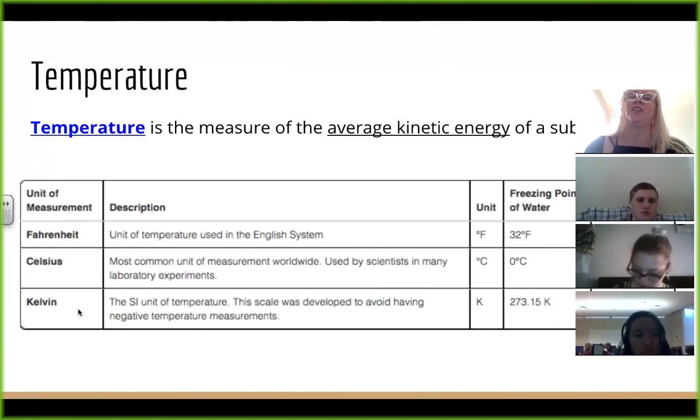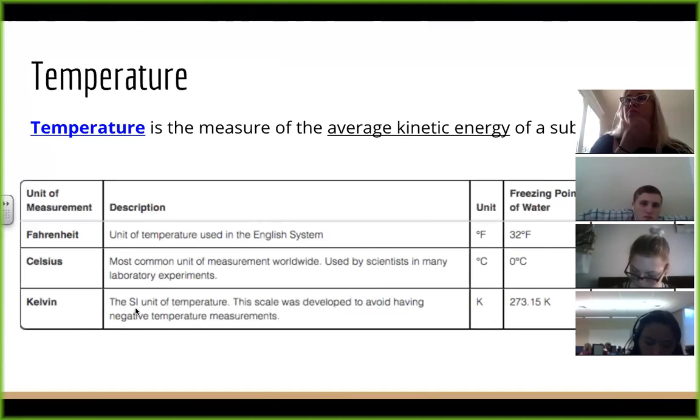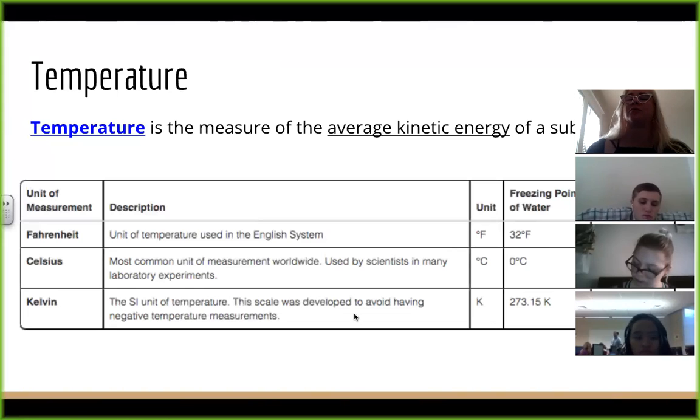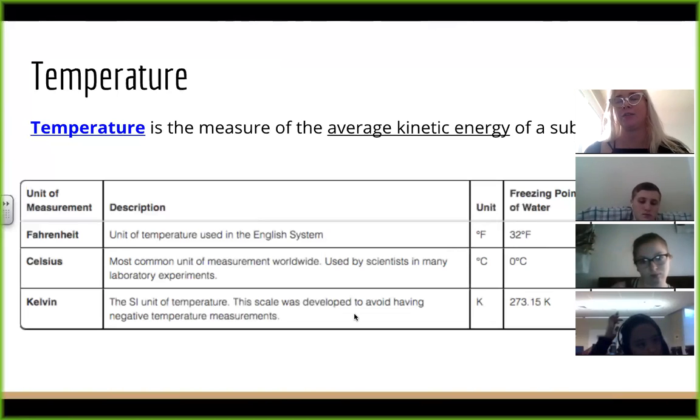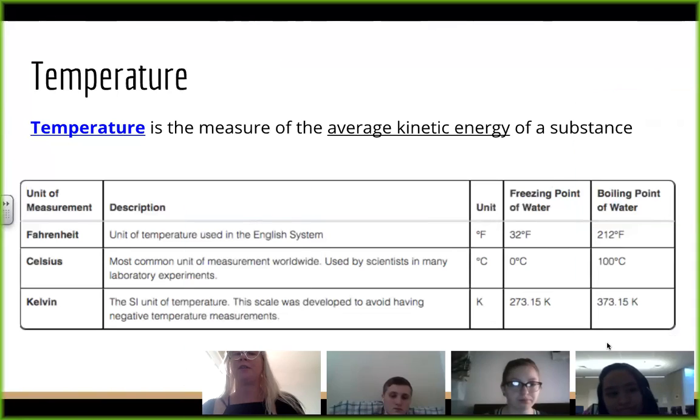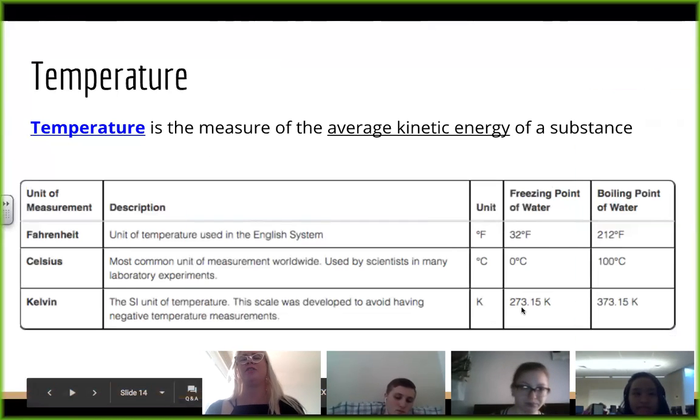And then Kelvin is technically the standard unit of temperature. Scientists created this so that you wouldn't have any negative temperature measurements, which really doesn't seem like something that's necessary, but somebody somewhere, someone probably named Kelvin, thought it was a good idea. So Kelvin is weird because the freezing point of water in Kelvin is 273.15.